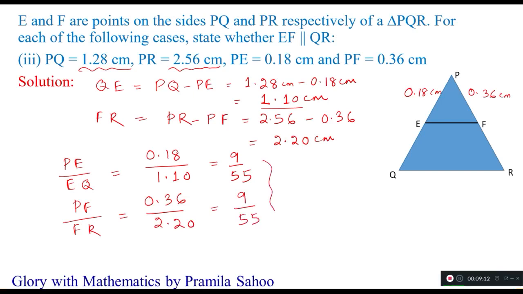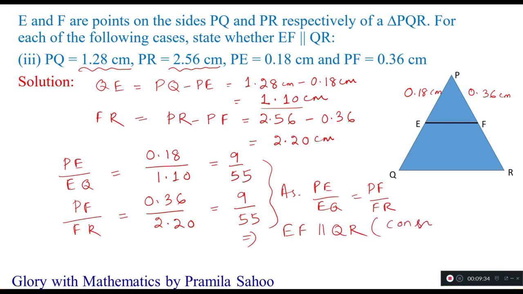So as PE by EQ is equal to PF by FR, this implies EF is parallel to QR due to the converse BPT, the converse of BPT.